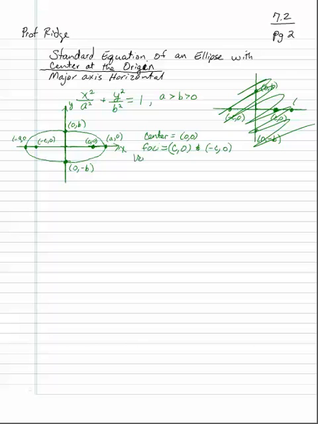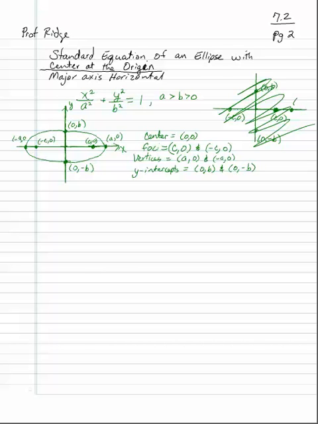Your vertices, plural for vertex, are going to be (a, 0) and (negative a, 0). And the y-intercepts will be (0, b) and (0, negative b).